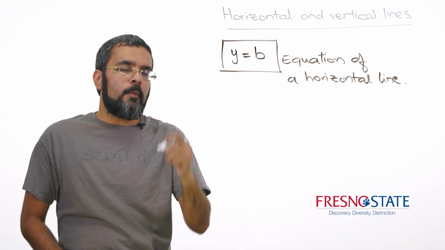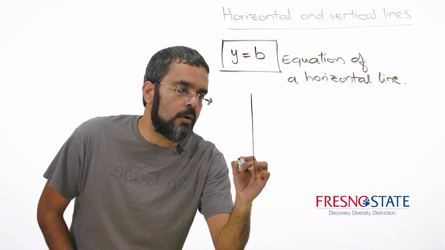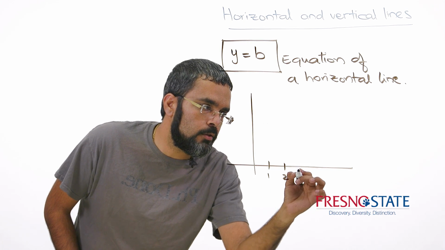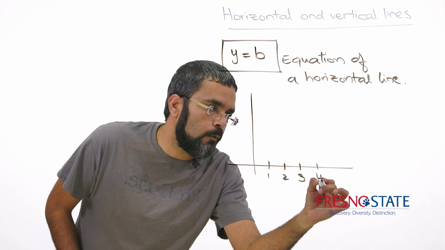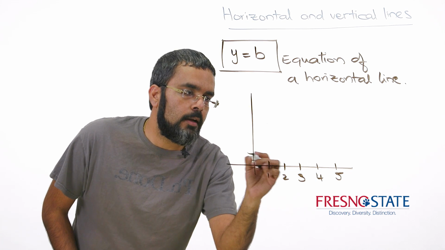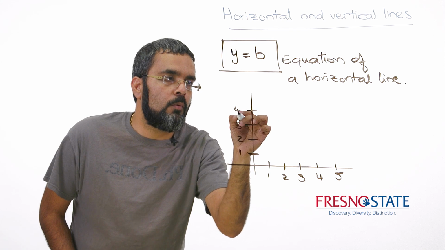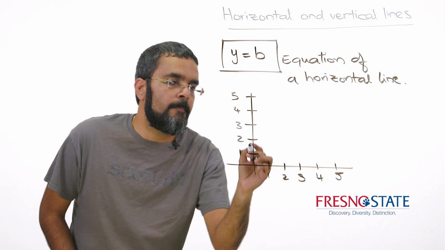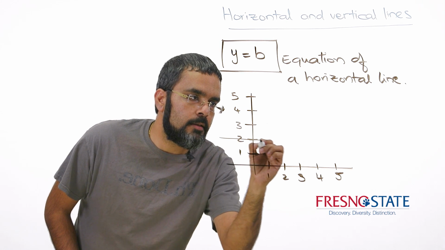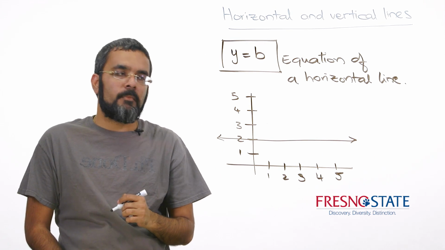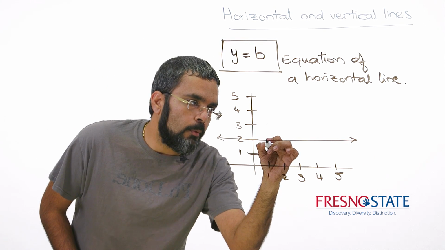right? Another way we can make sense of this equation is imagine a horizontal line, right? So imagine this is 1, 2, 3, 4, and 5, and then I have 1, 2, 3, 4, and 5. So imagine I have a line that passes through the point 2 here, and it's a horizontal line. Okay, let's look at all the points on this line.